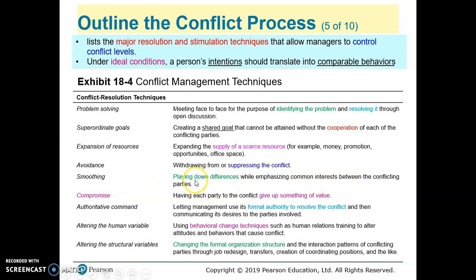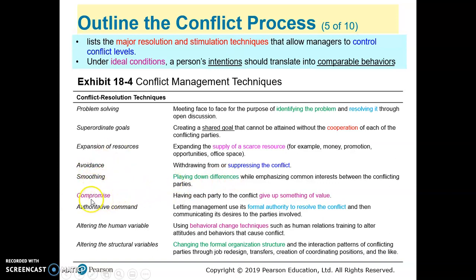Sometimes when we have conflicting ideas or opposing beliefs, if we focus more on the common interests and avoid talking much about the differences, this avoids escalating the conflict.